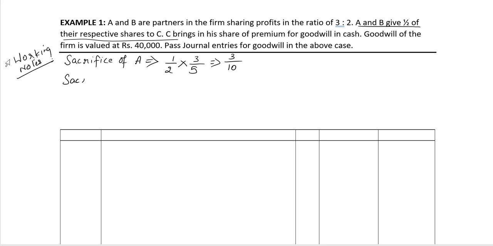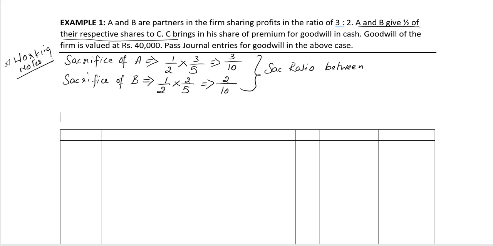The sacrifice of partner B is equal to 1 half of B's share, which is 2 divided by 5, which comes up to 2 divided by 10. Hence, the sacrificing ratio between A and B is equal to 3 by 10 is to 2 by 10, or 3 is to 2.